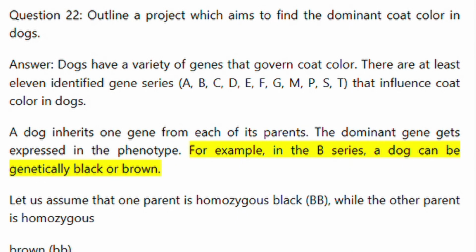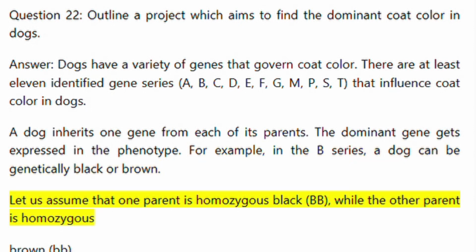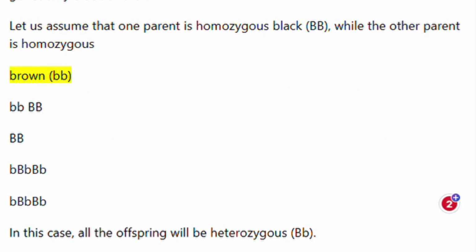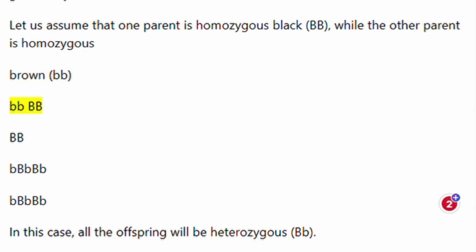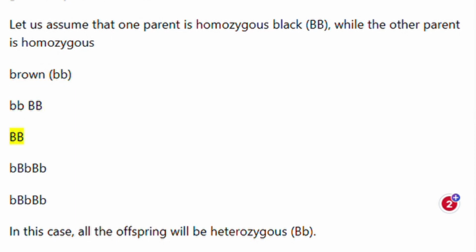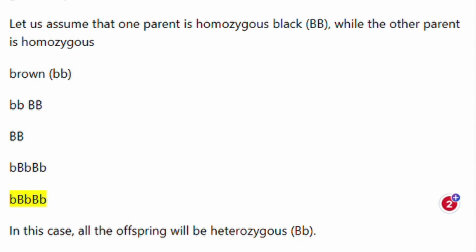For example, in the B series, a dog can be genetically black or brown. Let us assume that one parent is homozygous black, BB, while the other parent is homozygous brown, bb.